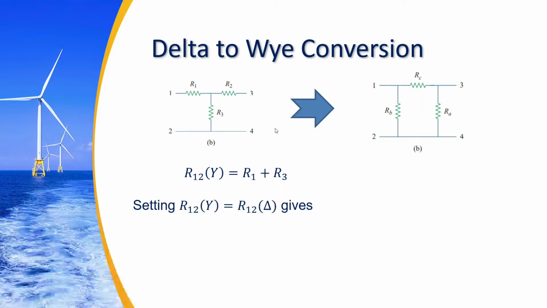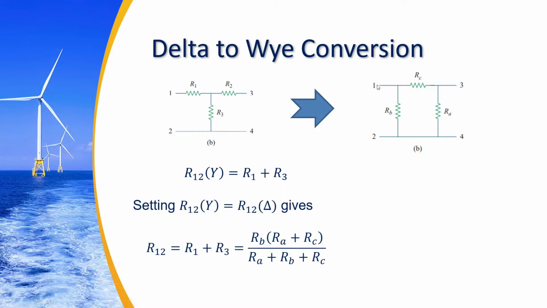Okay? So, yung dalawang point na yan, R12 ng Y network at R12 ng delta, magbibigay yan ng R12 is equal to R1 plus R3. Need natin makuha itong resistance dito.